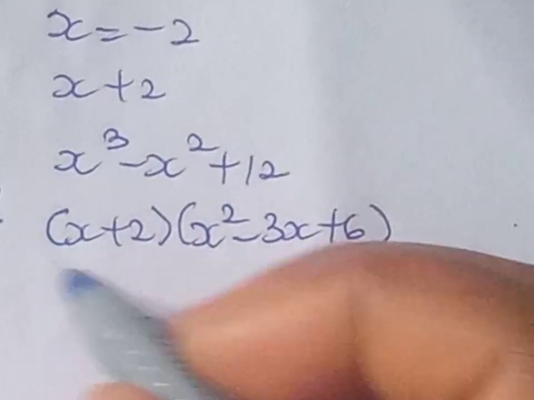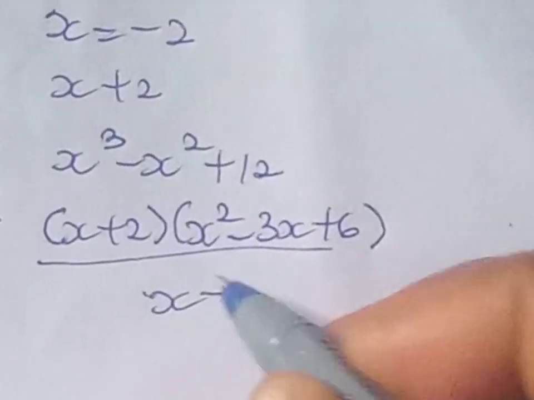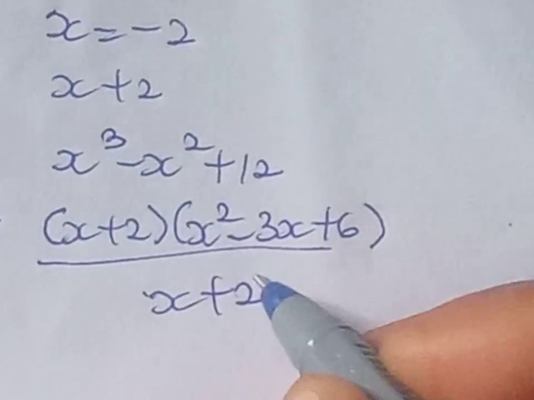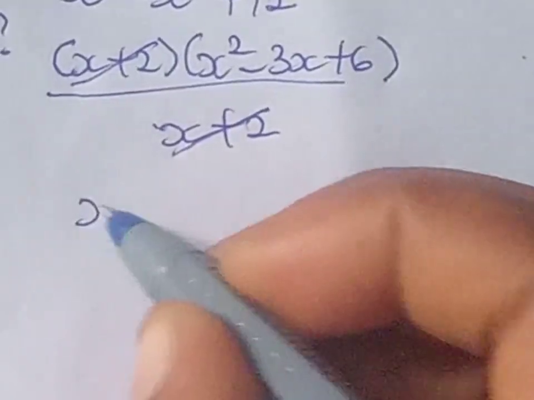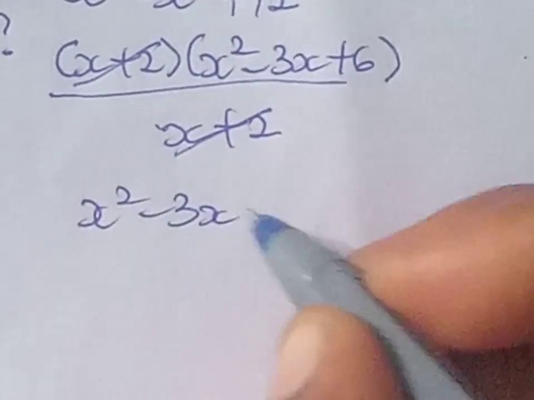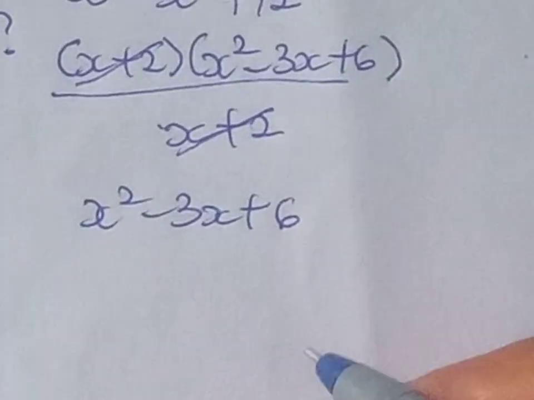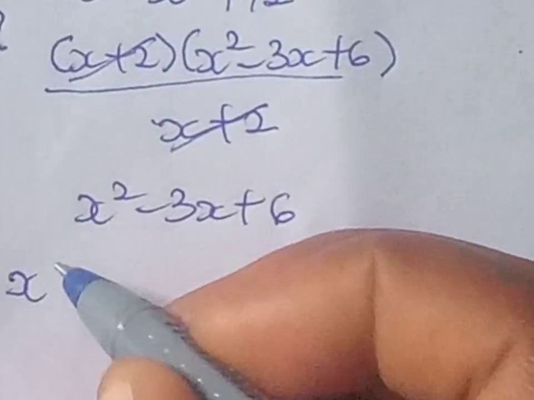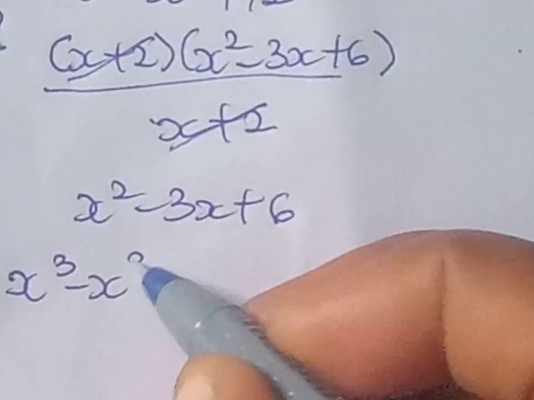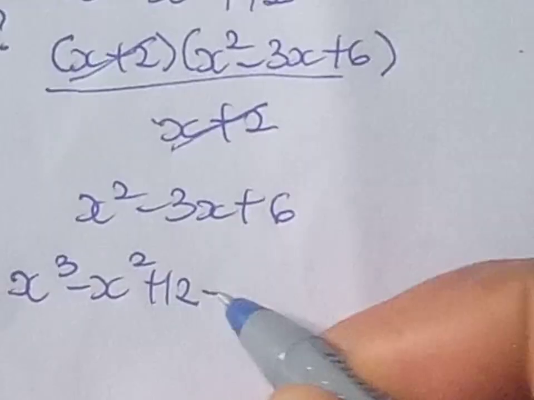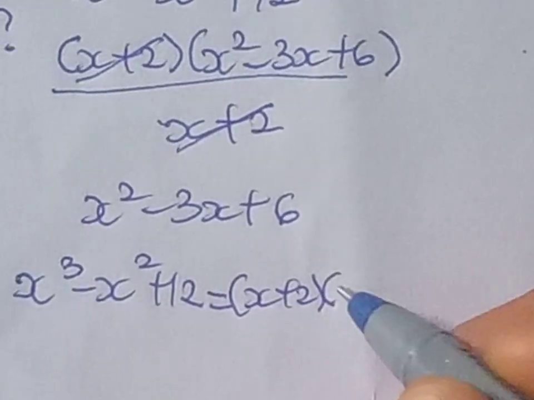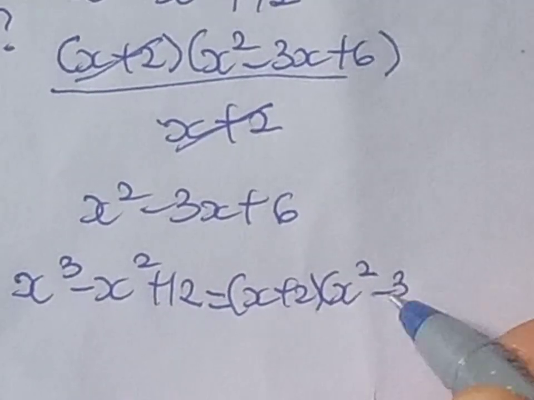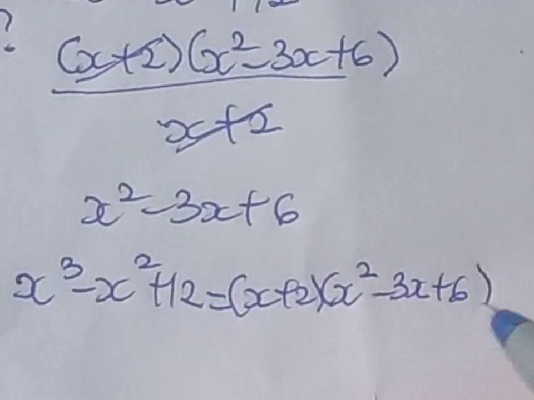The next thing is, let's divide it by x plus 2. So x plus 2 cancels x plus 2. So we are left with x squared minus 3x plus 6. Therefore, x cubed minus x squared plus 12 equals x plus 2 multiplied by x squared minus 3x plus 6.